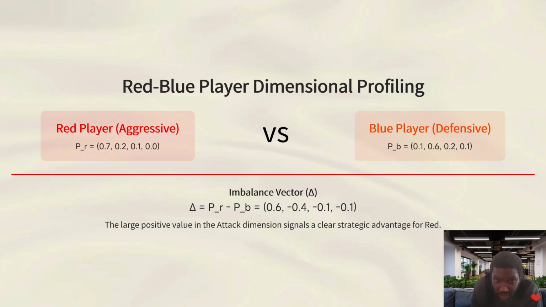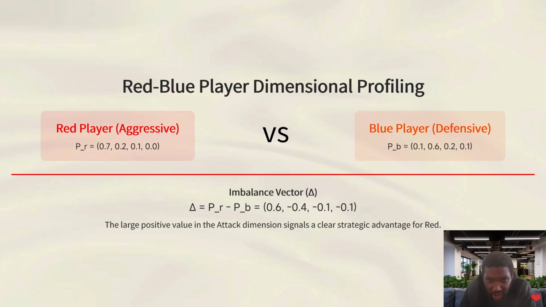This is the probability of red over blue, attack versus defense, across the dimensions attack, defense, offense, and formation. These are just 4 dimensions that I made using different dimensions, but they're not modeling the problem. And this is the balanced vector.